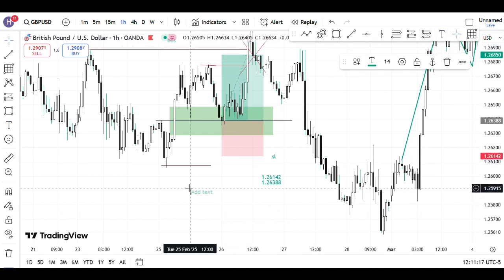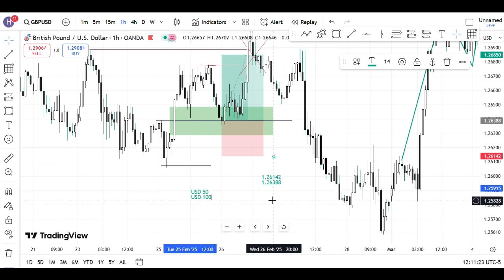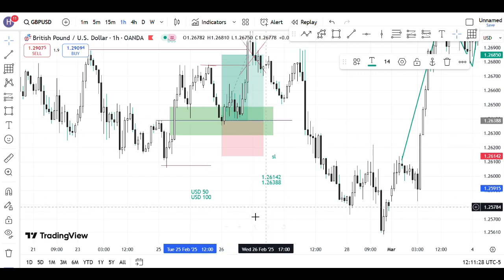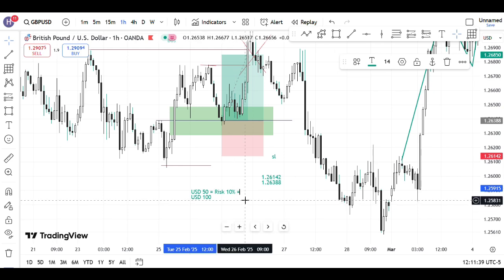If you lost 250 pips, people normally invest funds of $50 or $100 in the initial state, so they don't have the capacity to risk this. For example, if you have $50, you can take a risk of 10%, which means 5 USD should be your loss.